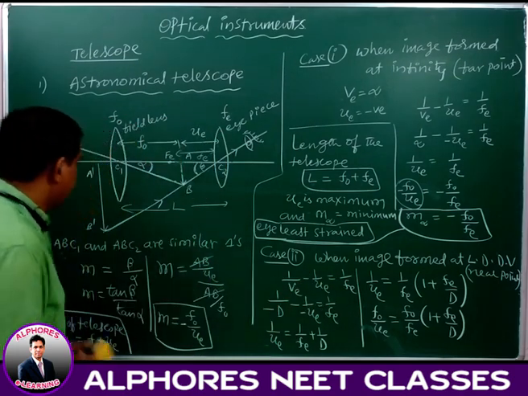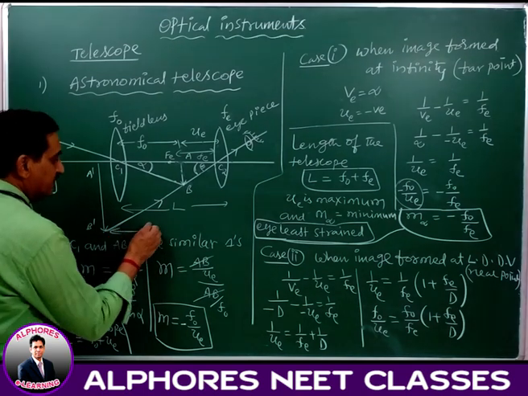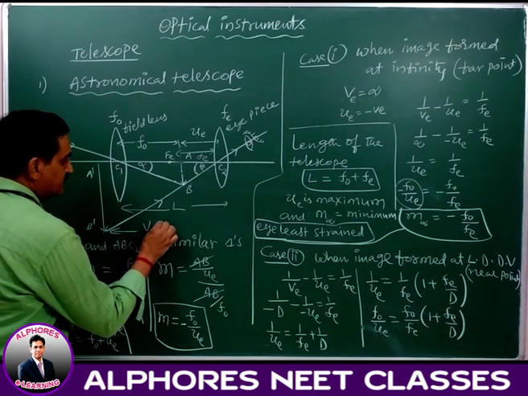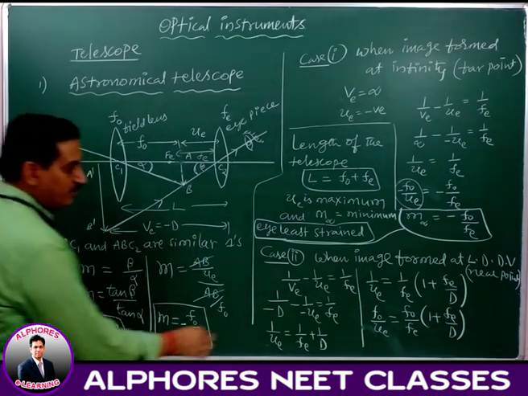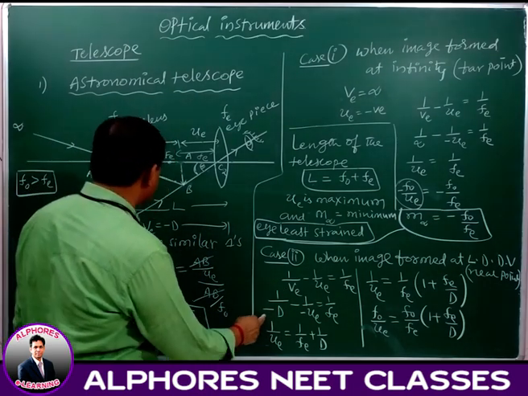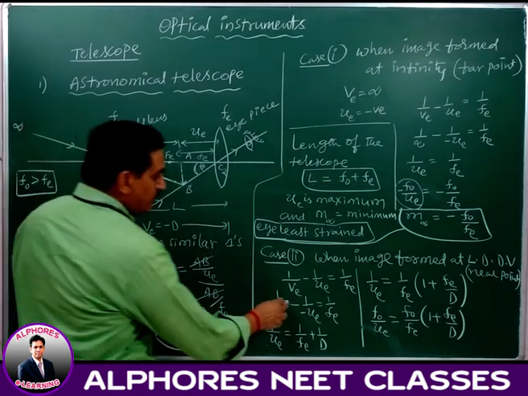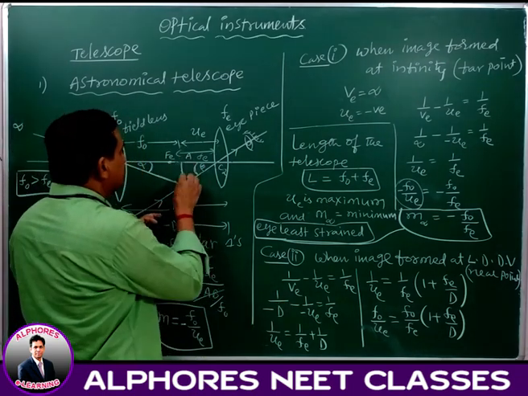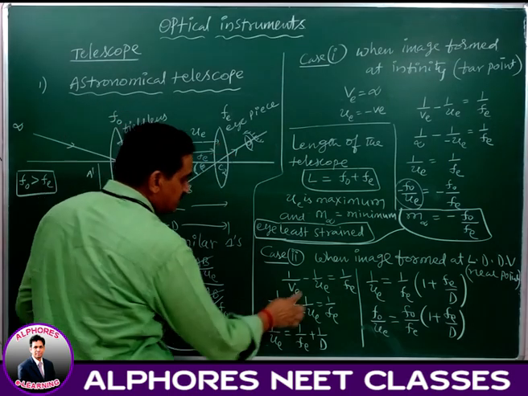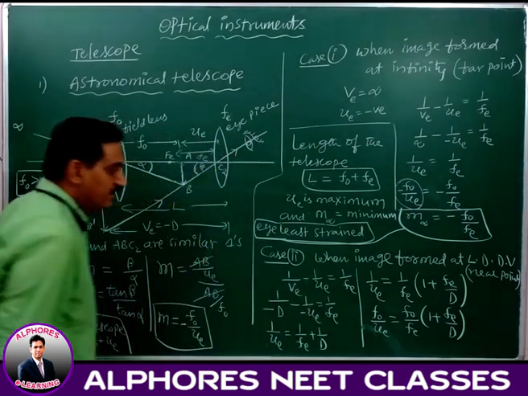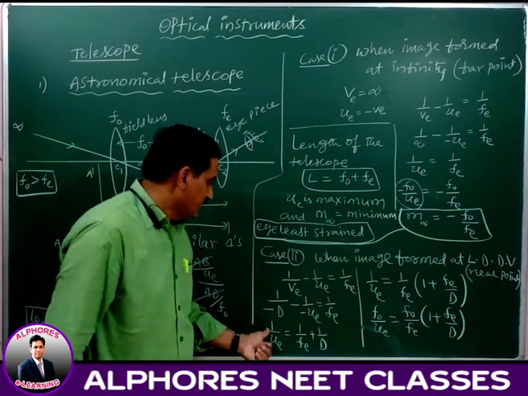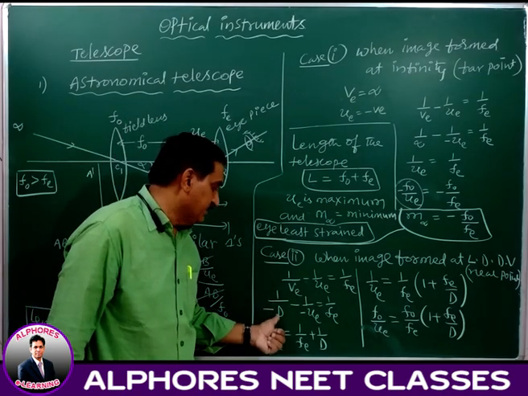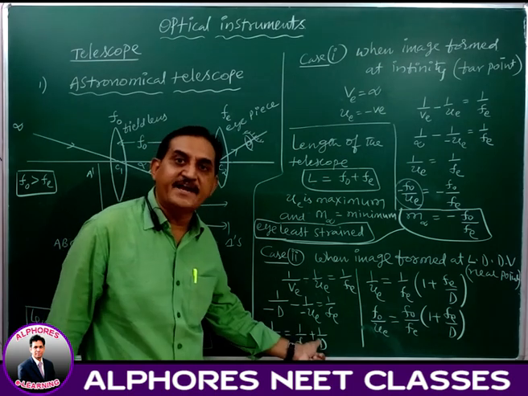Whenever the image is formed at LDDV, V is equal to minus D. Therefore V is equal to minus D is substituted. Now minus 1 by D minus 1 by UE is equal to 1 by FE.